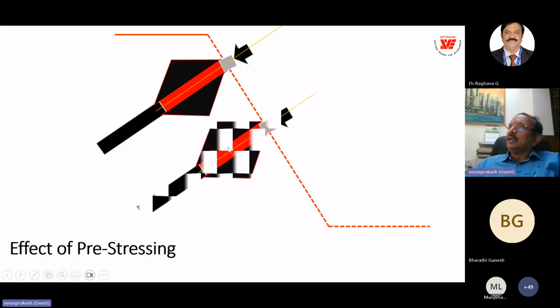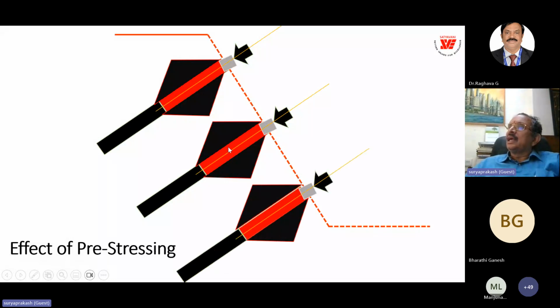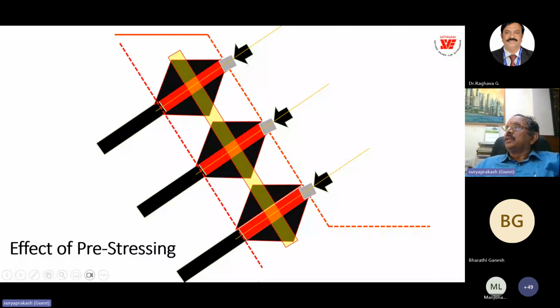The effect of pre-stressing is that we are balancing the unbalanced shear in the soil due to the excavation. And this stressed zone will form the pre-stressed compressed soil, which will compensate the lack of shear support from the removed soil actually. So this is the concept of active anchors.